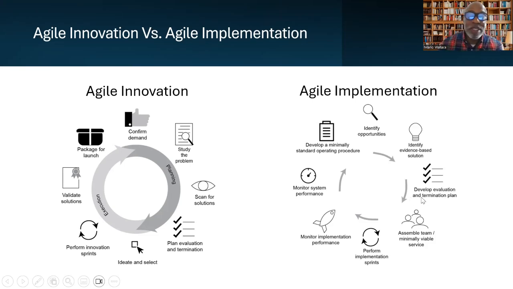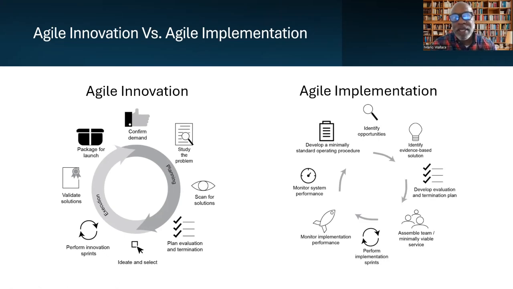So let me explain the difference. As Dr. Malaz always says, he loves to use Agile implementation, given that it's a faster approach to finding solutions within the healthcare setting, since the second step is to identify evidence-based solutions. And he says to identify these solutions, look within academic literature, academic journals, and academic databases.